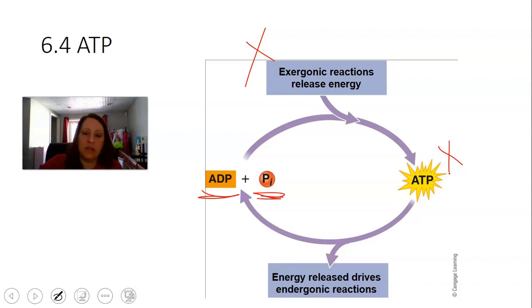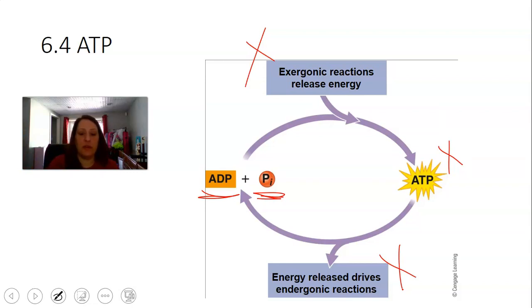That ATP will then be used to drive endergonic reactions, or anabolic reactions, those reactions that require energy. Or any processes that require energy. In that process, the terminal phosphate gets donated and gets split off of ATP.